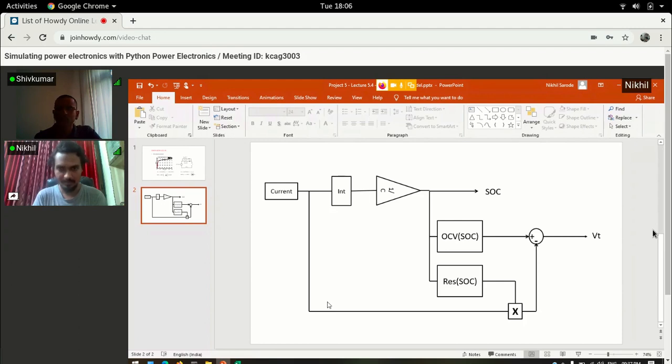So what I would say is, in your control file, you should read this Excel sheet and create a data frame. Let me have a look at the Excel sheet again.